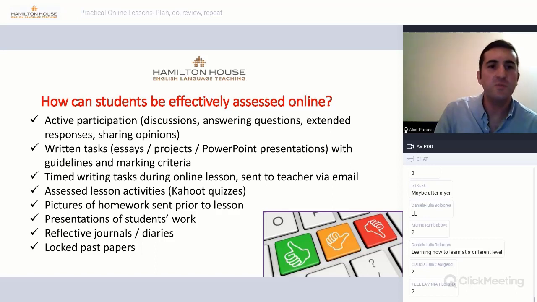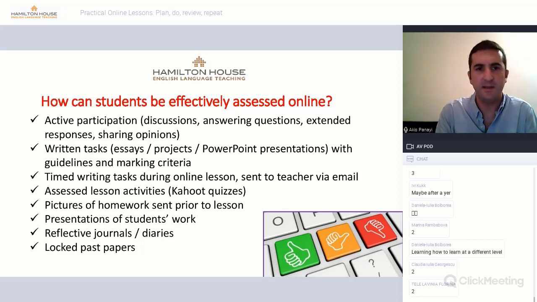You can have them do presentations, reflective journals or diaries, and if you have to give them a written test, I suggest you look for locked past papers.